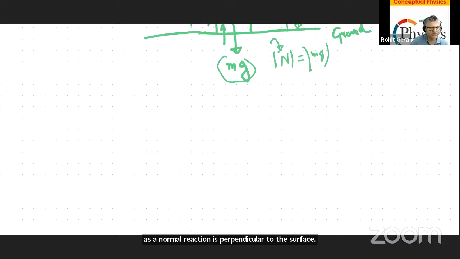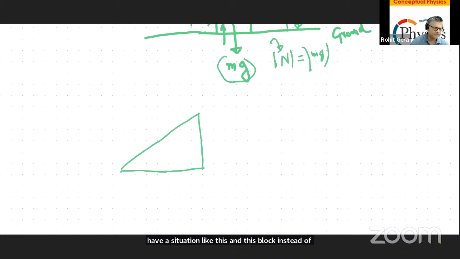If you have a situation like this, and this block, instead of being on a horizontal ground, is on an incline, this is mg, a component of it pulls it down, this is theta, and then there is a component of the weight which is pressing the block.